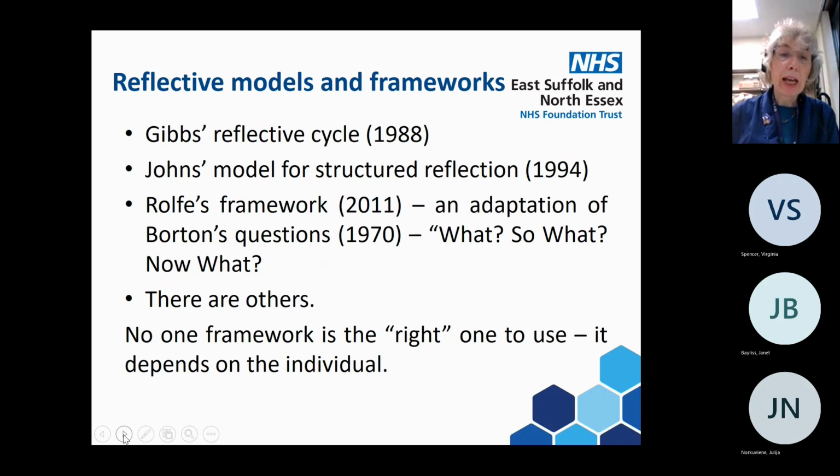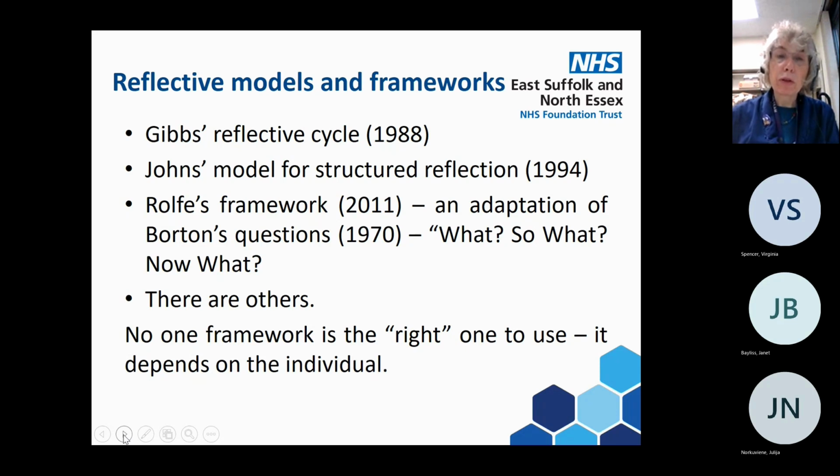Gary Rolfe also had a nursing background. He published a framework in 2011, and this was based on something by a chap called Terry Borton, who was also part of the educational psychology area.